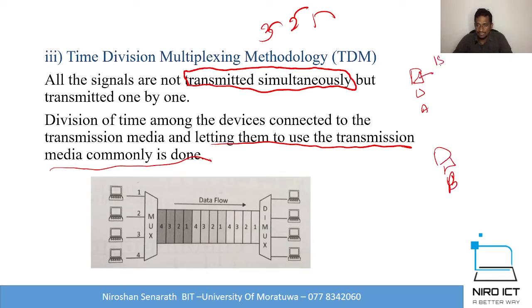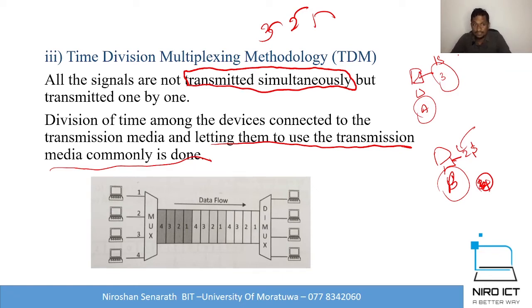This is 1 second, and this is the second second. The second second is used to transmit B's data, and the first second is used to transmit A's data, and then the third second is here, and the fourth second is here. They are giving the time. So that is called the time division multiplexing methodology, or TDM.